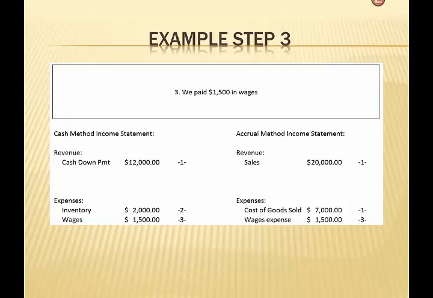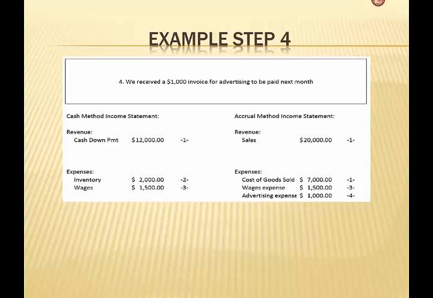Next, we've paid $1,500 in wages. So we've actually spent this money. From a cash perspective, we have to recognize it because we actually wrote a check to those individuals, however many there are. And from an accrual method, we have that expense that we've actually incurred, so we have to recognize wages expense. Next, we received a $1,000 invoice for advertising to be paid next month.